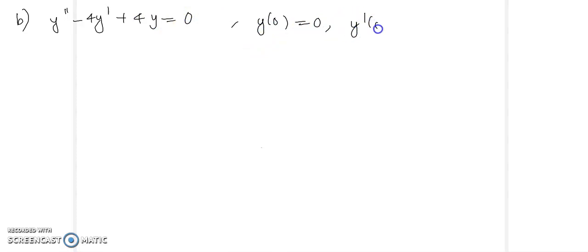And next we have y double dash minus 4y dash plus 4y equal to 0. So y at 0 equal to 0 and y dash of 0 is equal to 3.